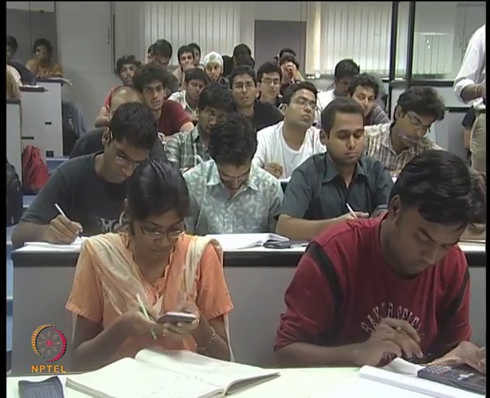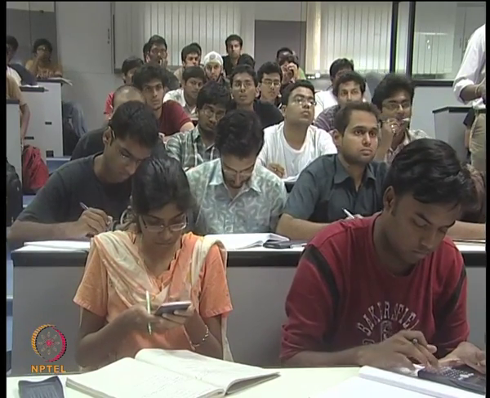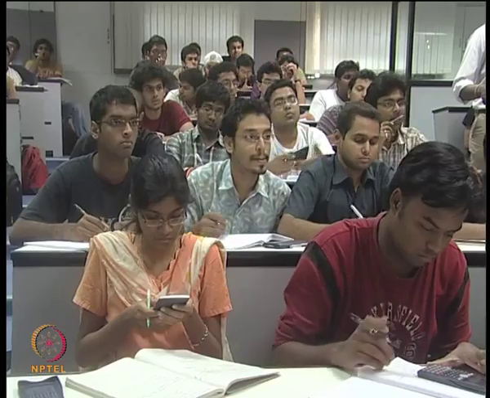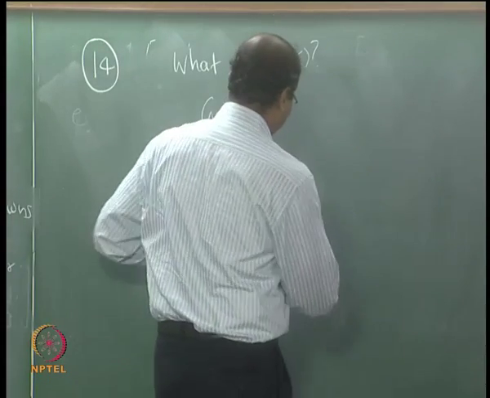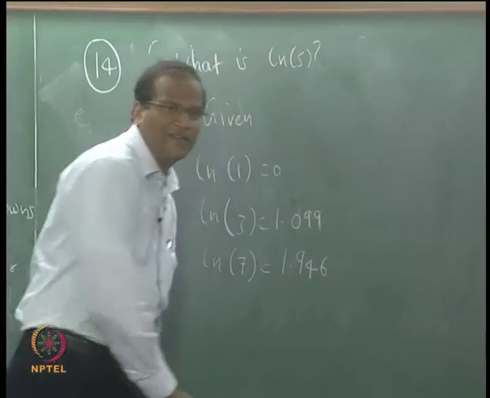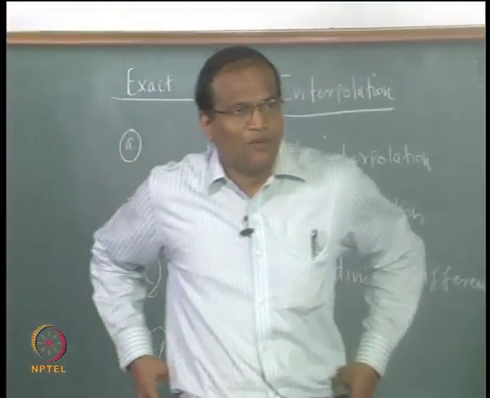Correct one is ln 3. No, there is a mistake there. What is ln 7? Ln 3 is 1.09. I don't want ln 3. What is ln 7? Ln 7 is correct. Ln 3 is wrong. 1.09. Yeah, it's a mistake. Okay. Yeah, it's a small typo.